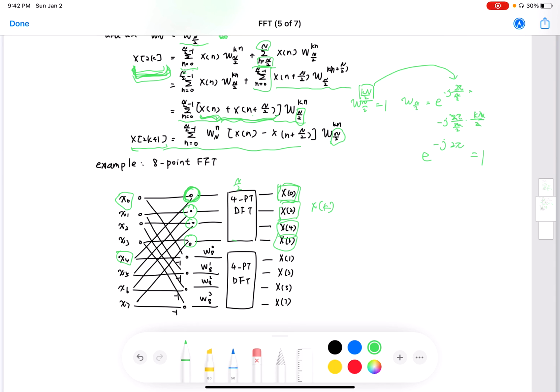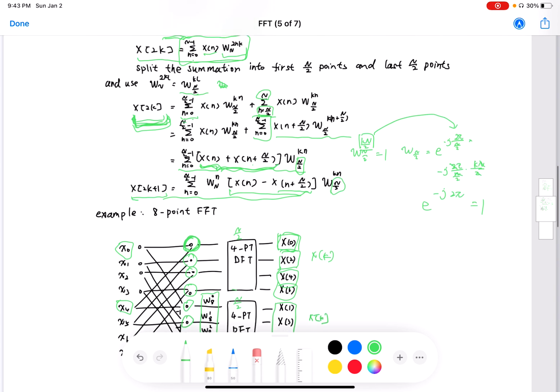Then we compute x[n] minus x[n plus N over 2] in time domain and get these values. Similarly, we multiply by the corresponding omega N. Then we also do the N over 2 point DFT, and we get the odd subsequence of X[k].